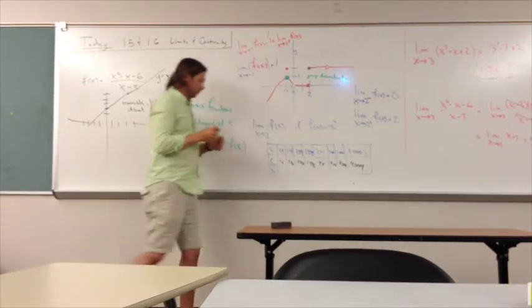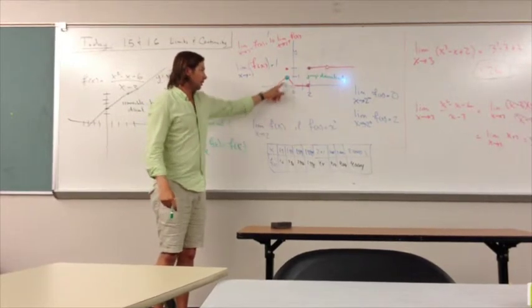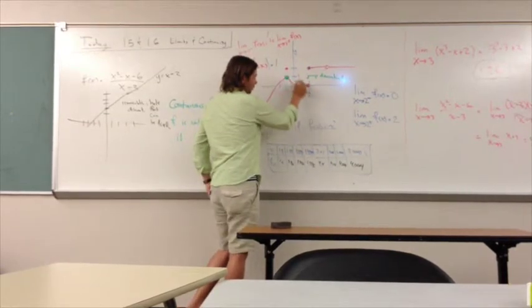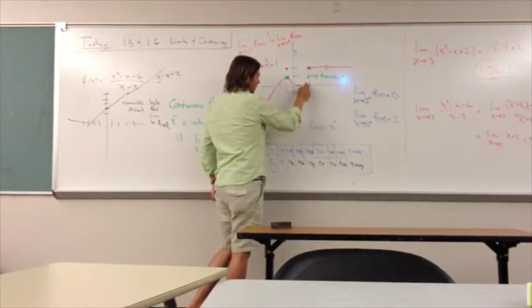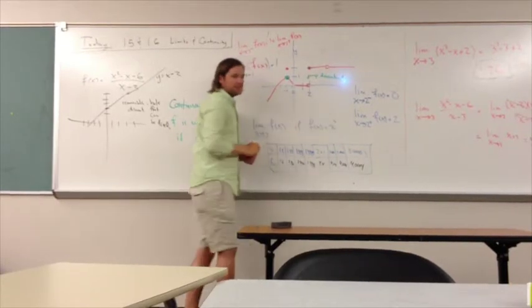So a picture's worth 1,000 words, and this picture pretty much tells the whole story about continuity. Either you have a removable one, which means a plumber can patch the hole up, or you have a jump discontinuity where no matter what you do, you can't fix it by just plugging in a point here. You have to do some type of jump.